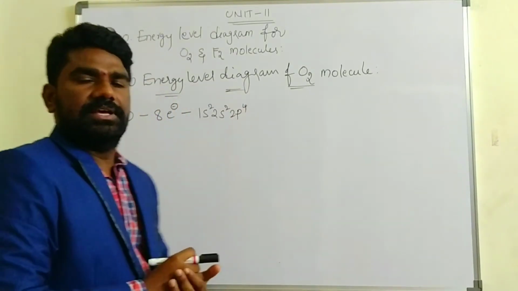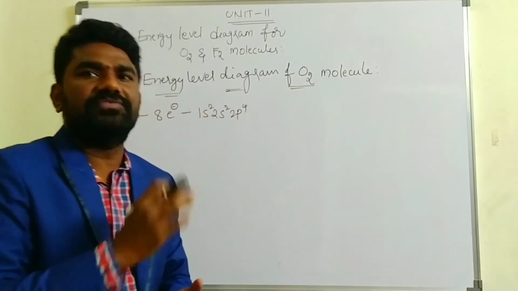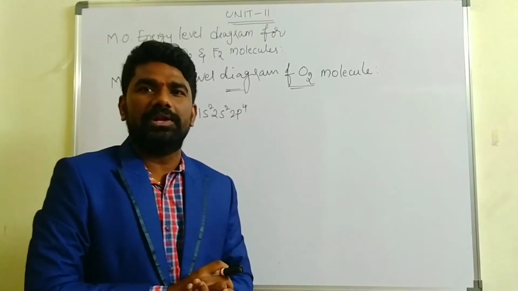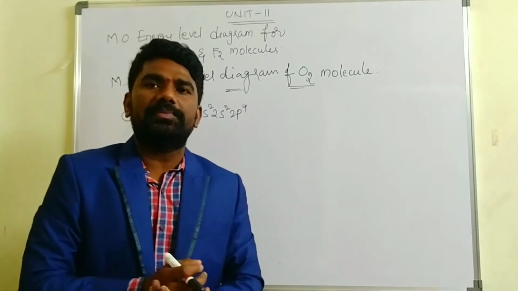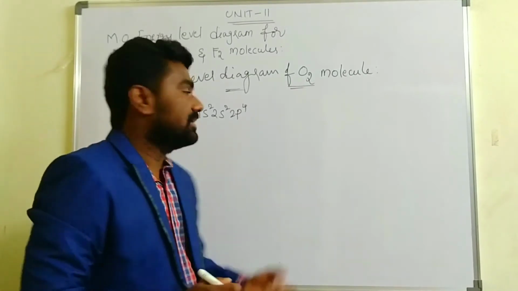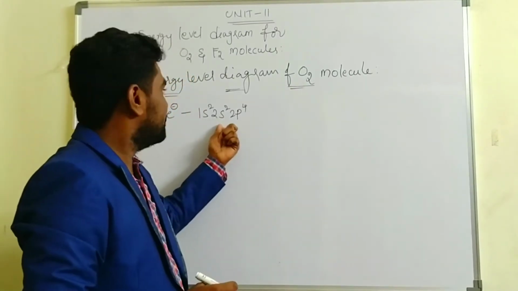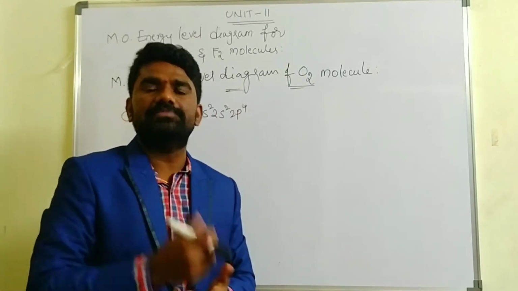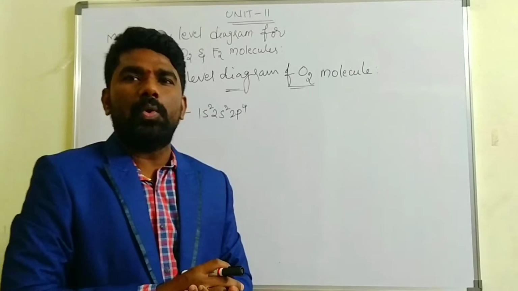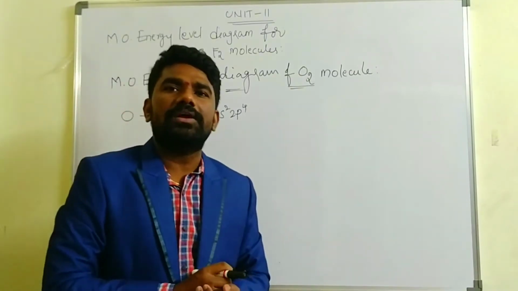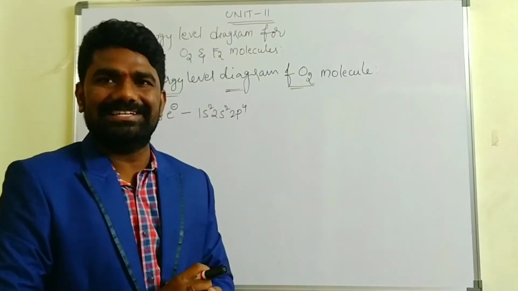That means in the formation of the molecular orbitals of the O2 molecule, which types of atomic orbitals are going to participate? 1s orbitals, 2s orbitals and 2p orbitals. Three types of orbitals are going to be involved in the overlapping to form the molecular orbitals of the oxygen molecule.